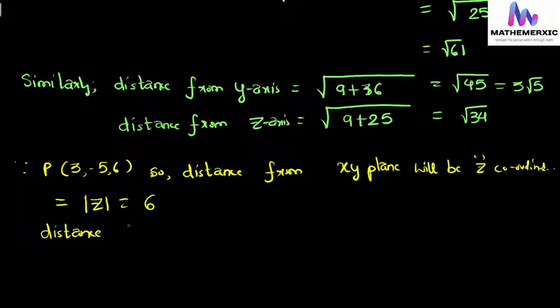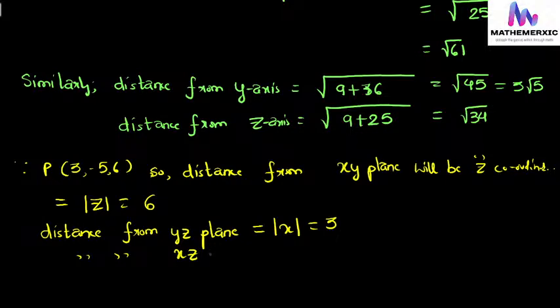The distance from the yz plane is modulus of x, that is 3, and the distance from the xz plane is modulus of y, that is 5. These are the answers for this particular question. So we have calculated this.